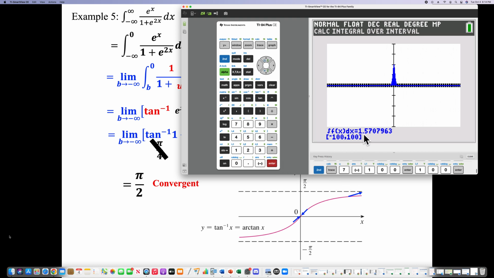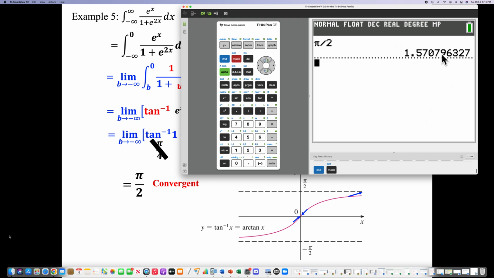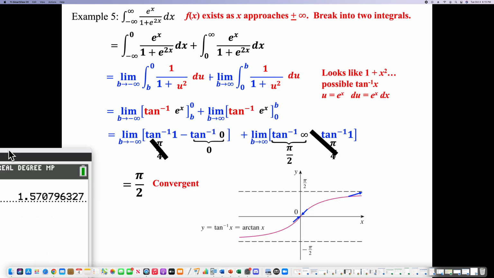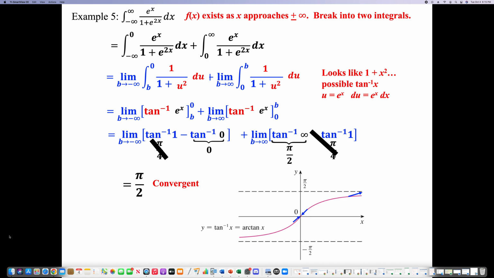Wait a minute, 1.5707963. 07963. 0796. Holy cow. That's the area under my curve. So yeah, if it so far looks like it's converging all the time, that's the area under our curve.